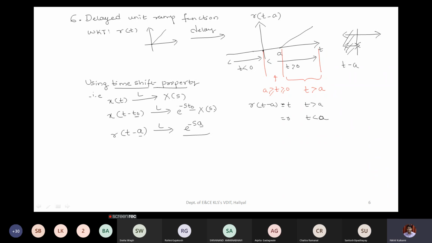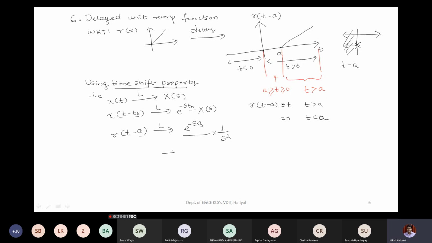It is the Laplace transform of x of t, which in our case is r of t, and that was 1 divided by s square, right?